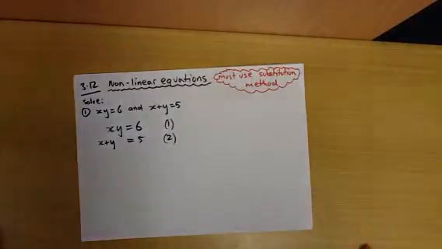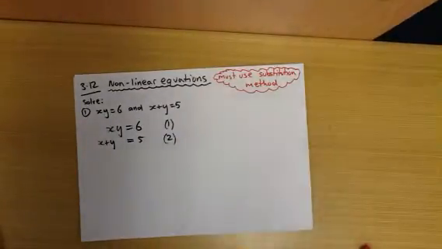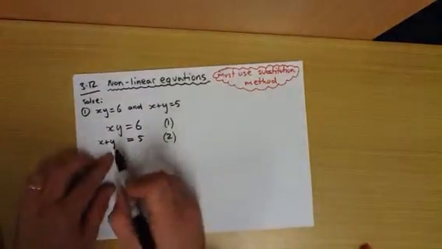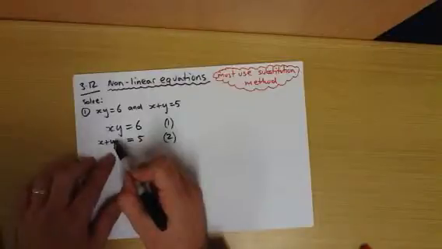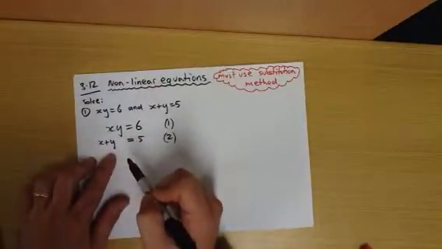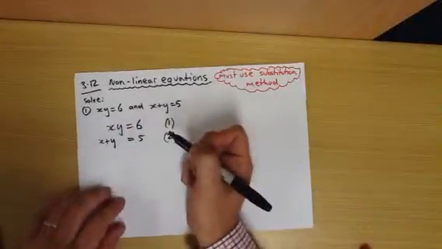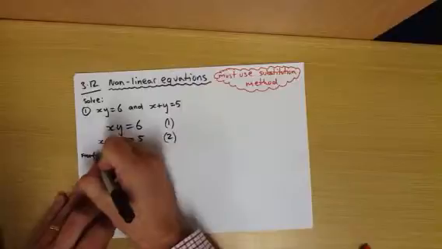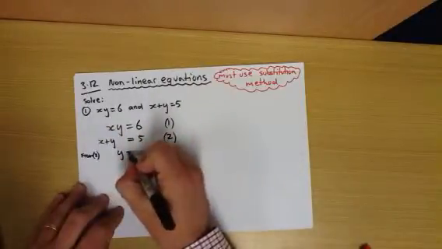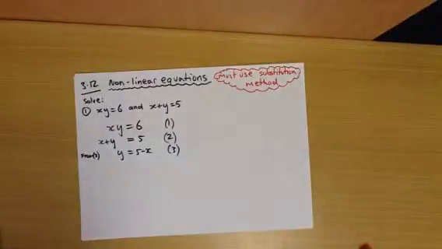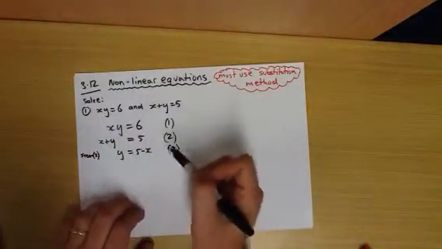Now the aim of these questions is to try and isolate either the x or y and then sub it into the equation that's not linear. So if you think about it, from 2, y equals 5 minus x. All I've done is taken the x over the other side.